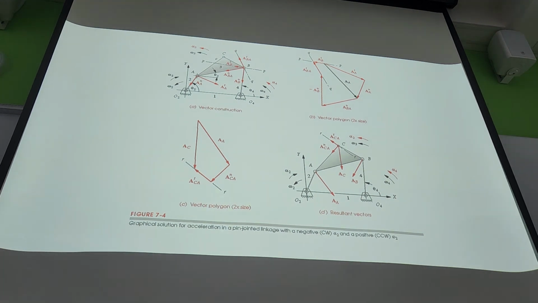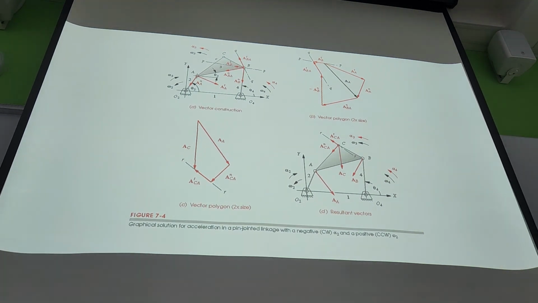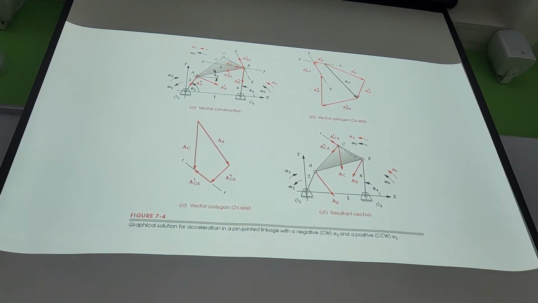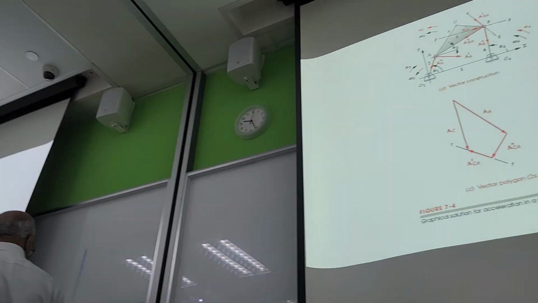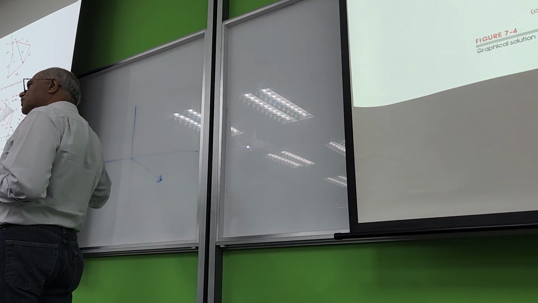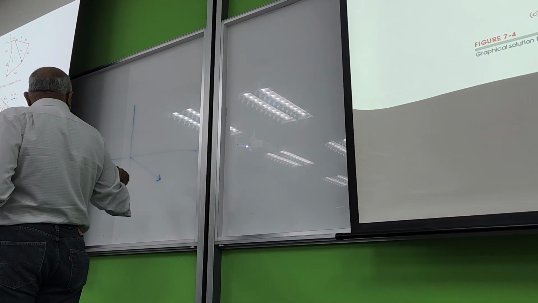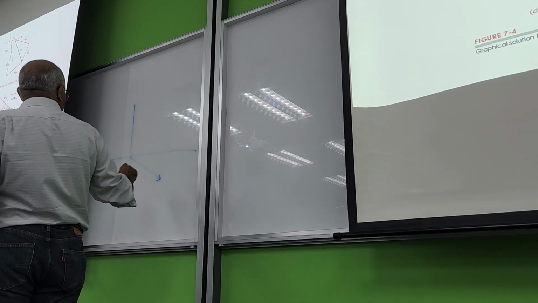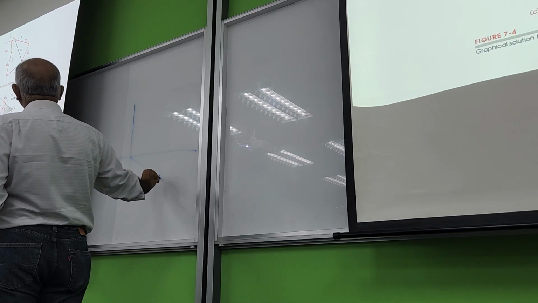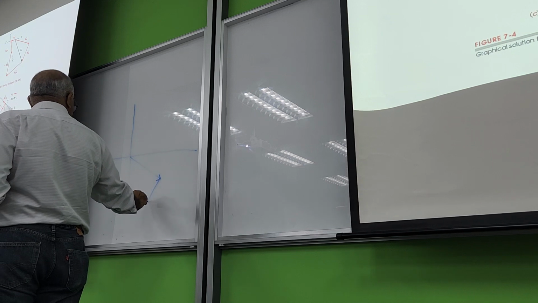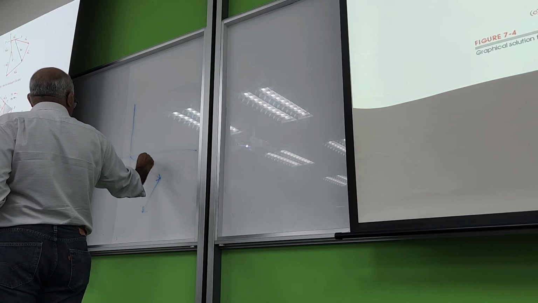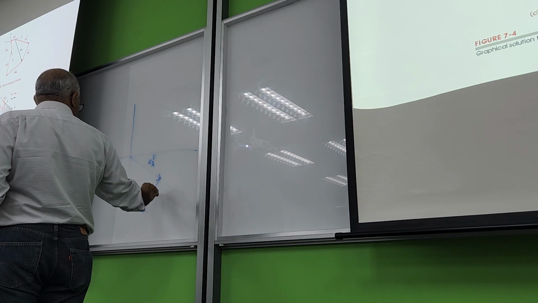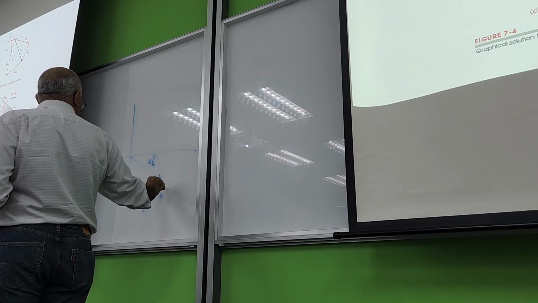Now acceleration of A tangent we know, so we just draw acceleration of A tangent. Now from the tip of this, we draw acceleration of A normal. We know both magnitude and direction. So it is drawn like this. This is acceleration of A tangent, and this is acceleration of A normal.